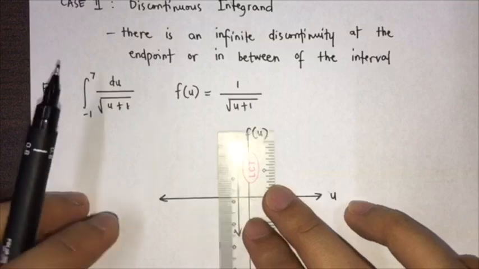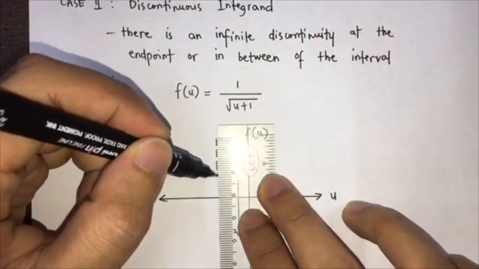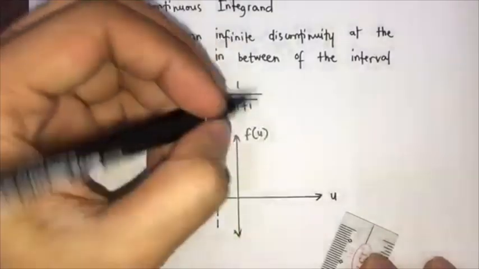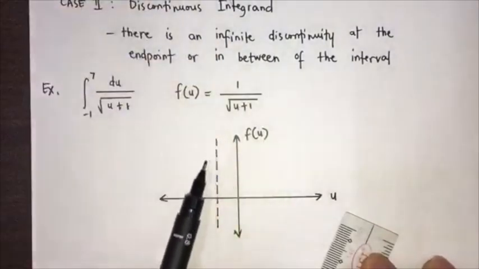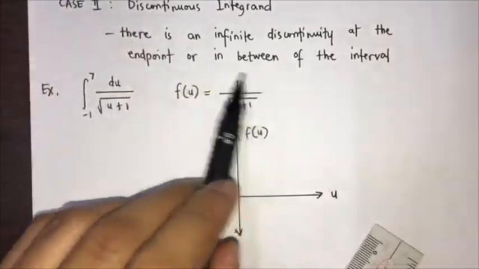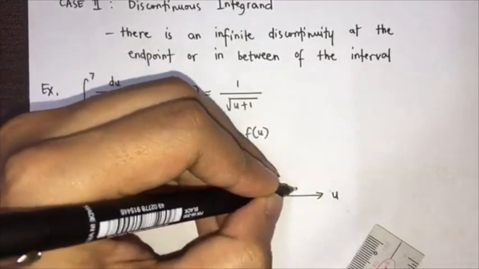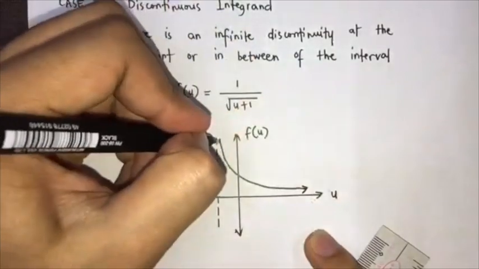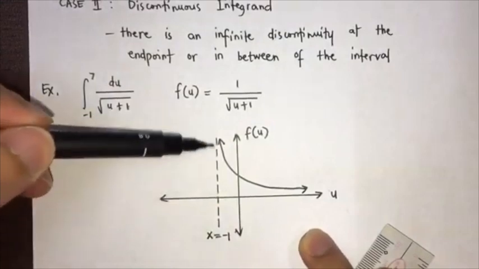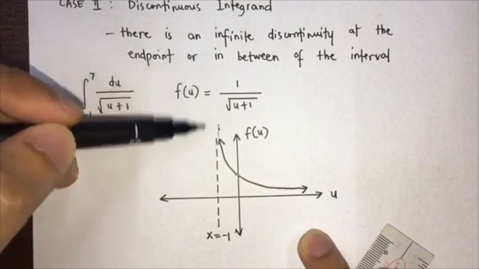Therefore, at u equal to negative 1, we have an asymptote, which the graph of this function will never cross. So let's say the graph looks like this. At negative 1, the value of the function approaches infinity.